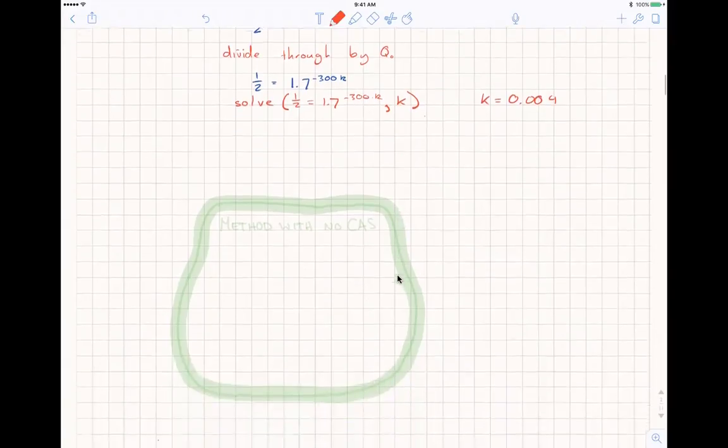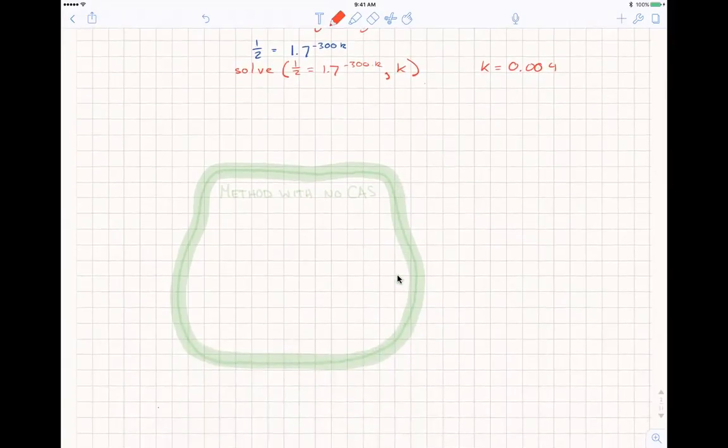Now we could actually find an exact value for K without using the CAS. It's a little bit longer, not as efficient, and we don't actually get an answer that really means anything. So if we did that, we'd start with our half equals 1.7 to the minus 300K.